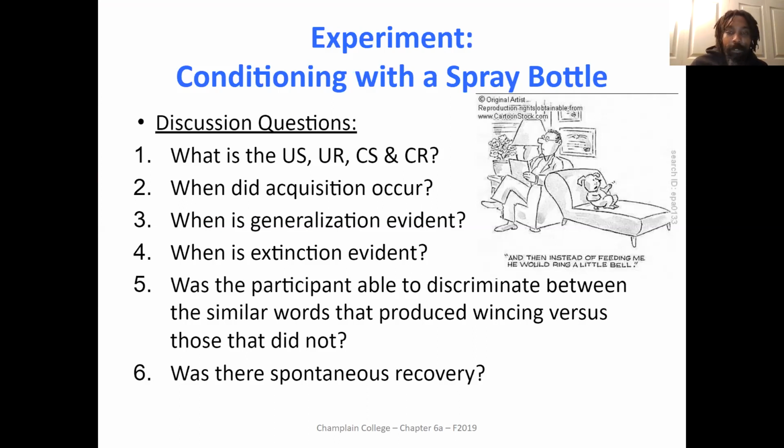Spray the dog a half second before, then it sees a squirrel, and then the unconditioned response of barking occurs. Over time of pairing that together, you should be able to just use the spray from the spray bottle to the dog, and that alone will now elicit the conditioned response, which is the dog barking.